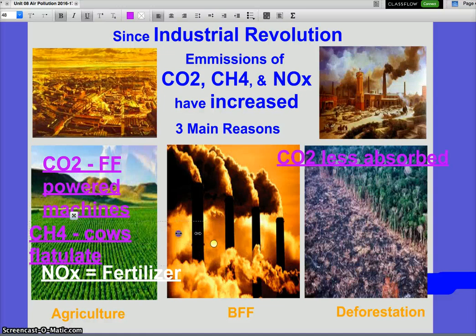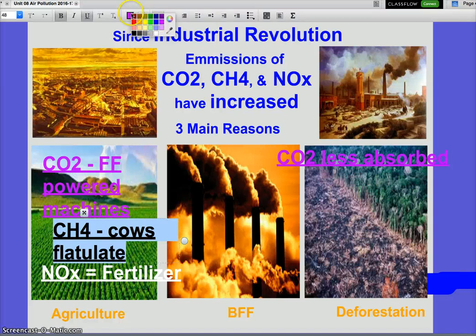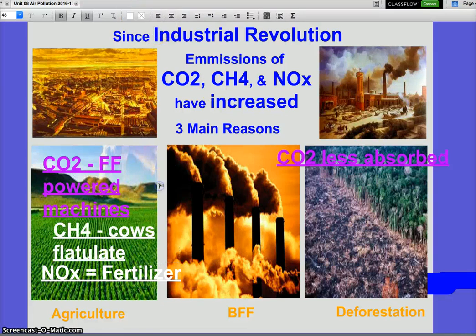How else is methane released that has nothing to do with agriculture, that you've learned already in this class, but it's making an excess amount of methane in the atmosphere? And it's linked to climate change. Not glaciers, but good. Permafrost melting releases methane, okay? Burning of fossil fuels releases nitrous oxides and carbon dioxide.